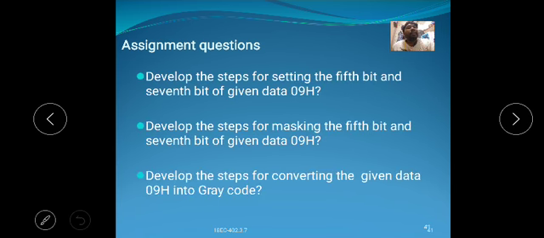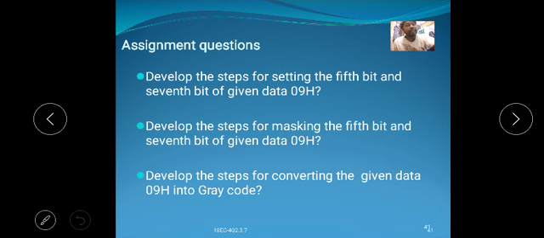Frequently asked questions: develop the steps for setting the fifth bit and seventh bit of given data. The data is 09H.